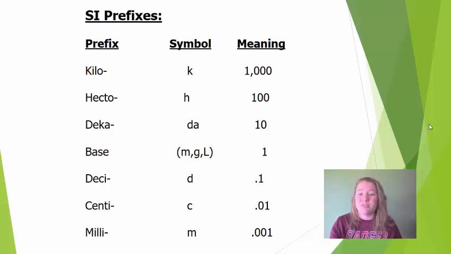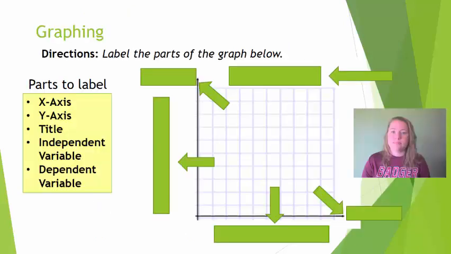It just makes the numbers a little bit easier to work with when you use the appropriate prefix. Now to convert between prefixes, all you're doing is moving the decimal point. This is something that you should have done in past science classes, so I am not going to go through this right now. If you don't understand this, please send me your questions and I will help you work through all of this. But for the sake of time, I'm going to skip that right now.